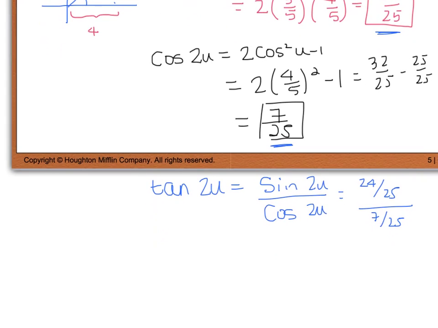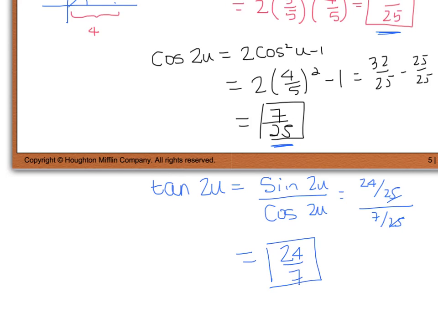So this then is going to give us 24/7 because our 25ths are going to cancel. So this is tangent. Or you could use the property that was given to you on the double angle formulas sheet and use that formula and you'd get the same thing.